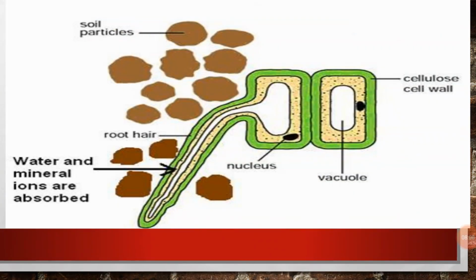Next diagram is also about the root hair cells. This is the structure which represents the root hair cell, and the function given here is that it is involved in water and mineral ion absorption, and this represents the root hair.